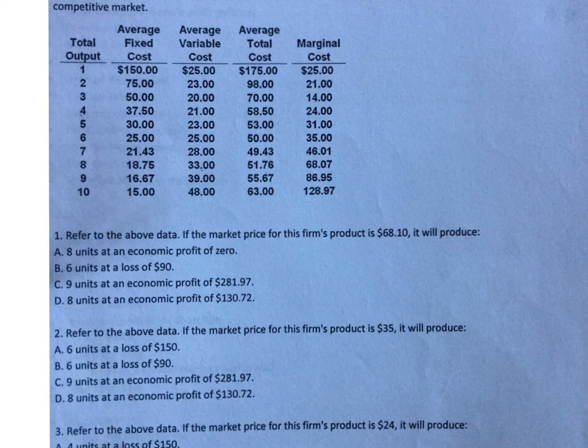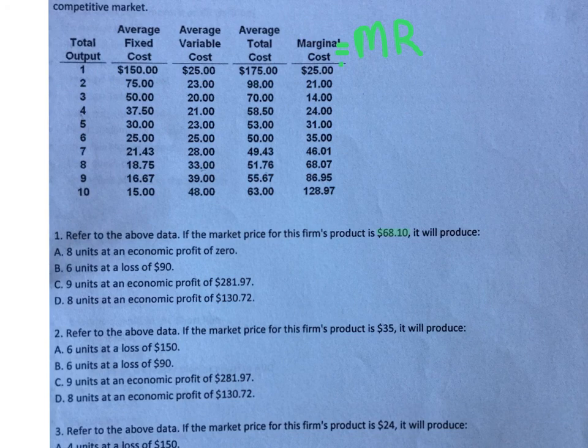All right, so what we're missing in this table is a marginal revenue column. Remember that marginal revenue is equal to price in perfect competition. So if we know that this firm has a price of $68.10, that's also the same as a marginal revenue of $68.10. So we are looking for the point where marginal cost equals marginal revenue.